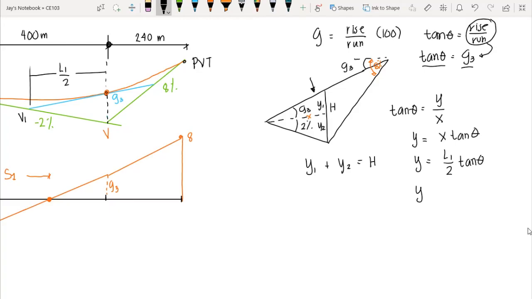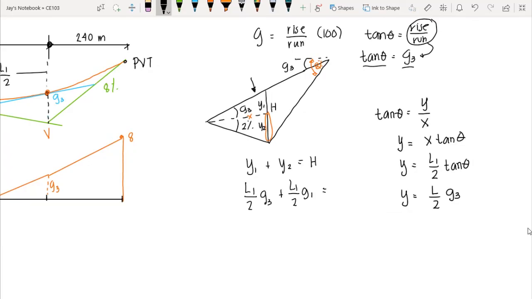That means our y is equal to L over 2 G3. Okay? Or G, or the grade. So therefore, our y1 here is just length 1 over 2 times G3, whereas our y2, this length here, is equal to length 1 over 2 times G2.